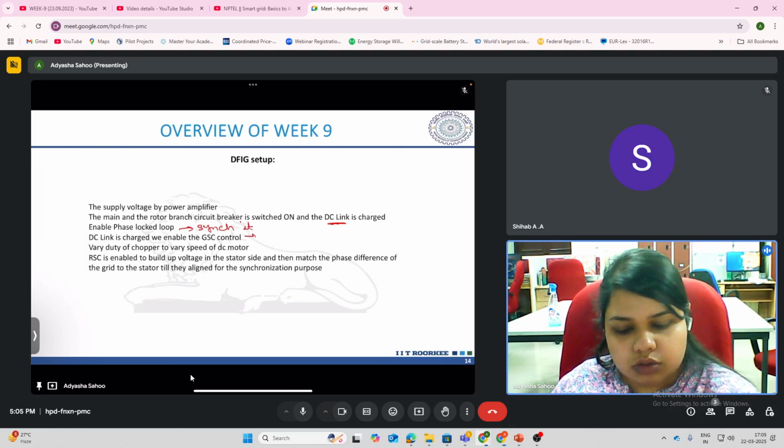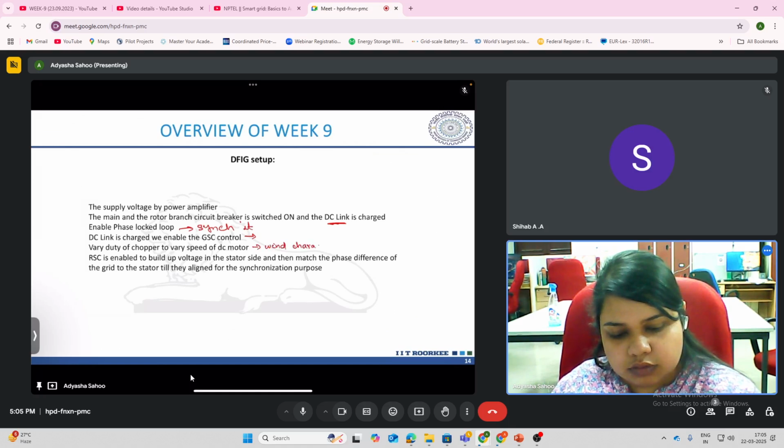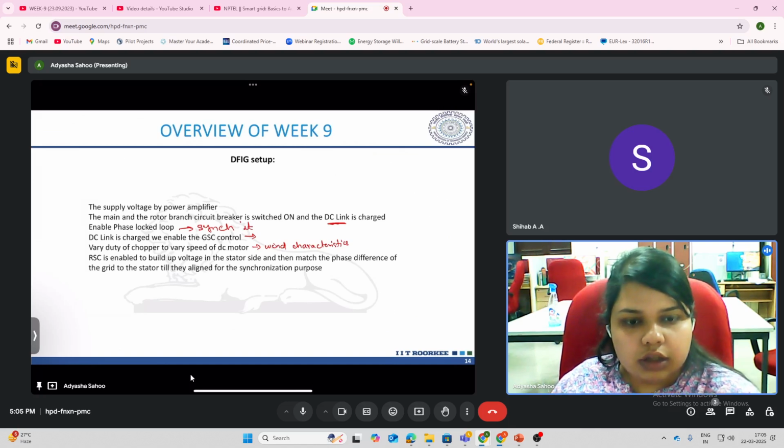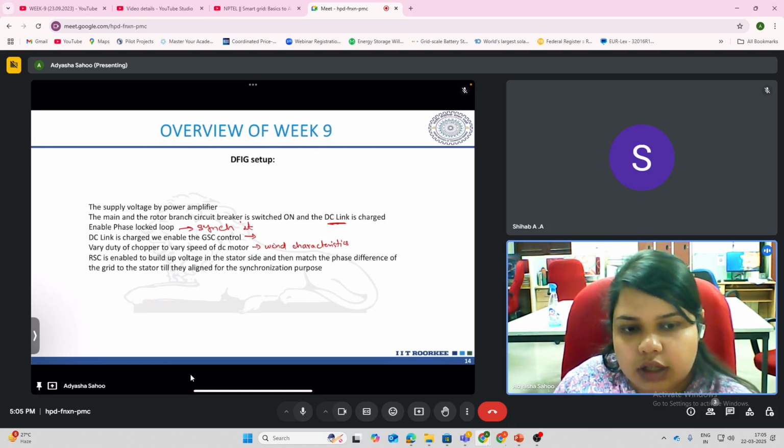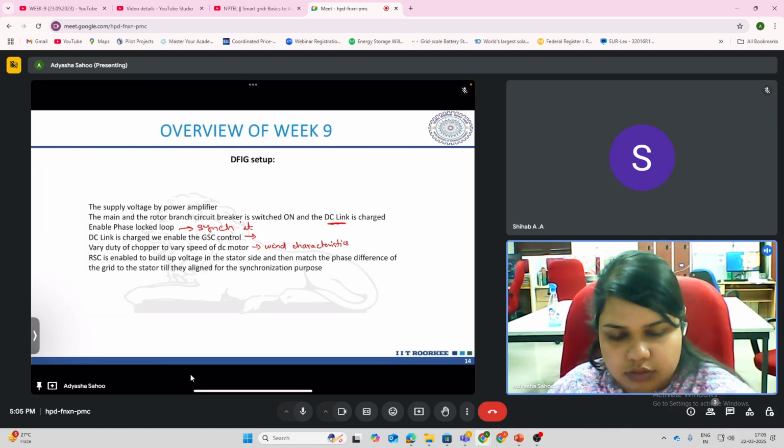After that, you vary the duty cycle of the chopper, basically to emulate the wind characteristics. Once you have given the input to the DFIG, you will get the power on the stator side. Now to match the stator side power to the grid side, we have seen that we need the rotor side power.